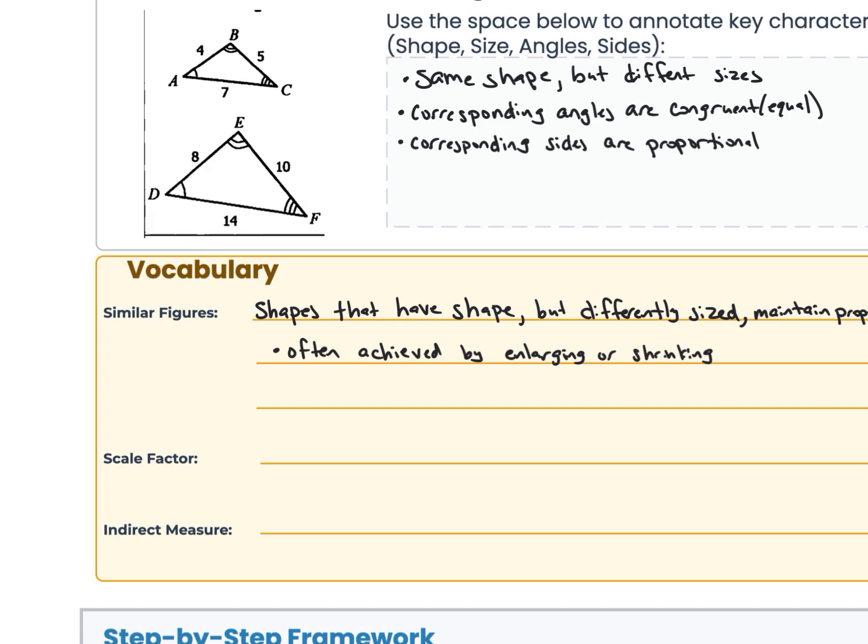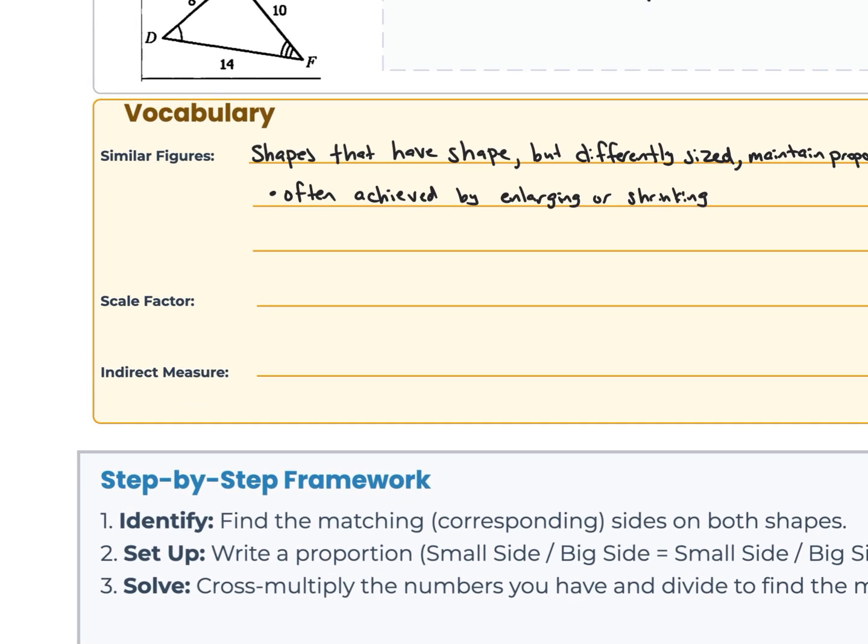When we talk about similar figures, what we often talk about is their scale factors. So that is how much they are in relationship to each other.